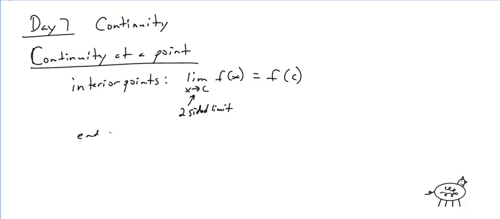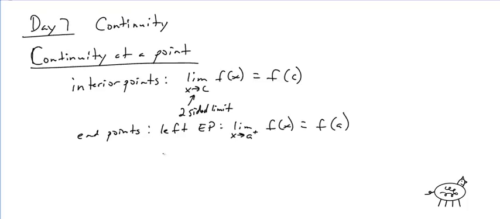For endpoints, the left endpoint: the limit as x approaches a from the positive side of f of x has to be equal to f of a.